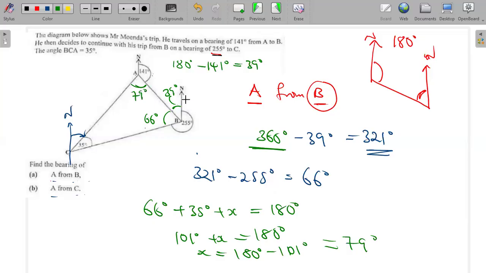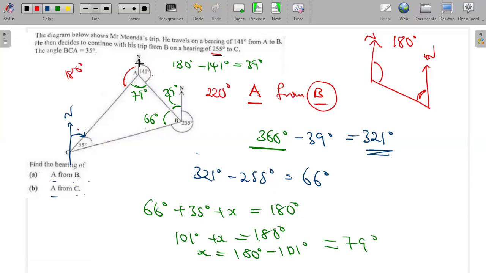79 degrees. Okay, now how do we find this angle outside here? The next step is to find that angle, this angle and that add up to 180 degrees. So we say 141 plus the 79. 141 plus 79 gives me 220 degrees.